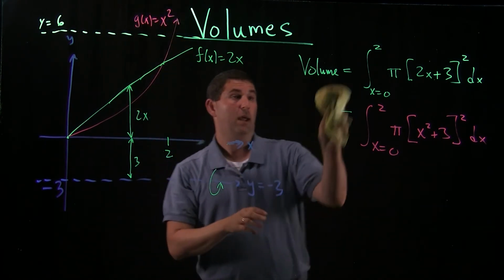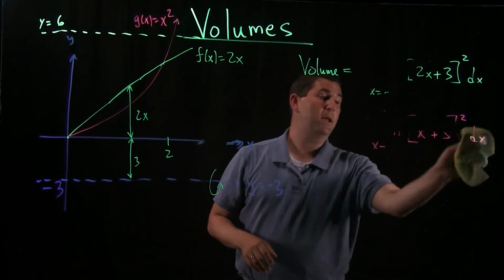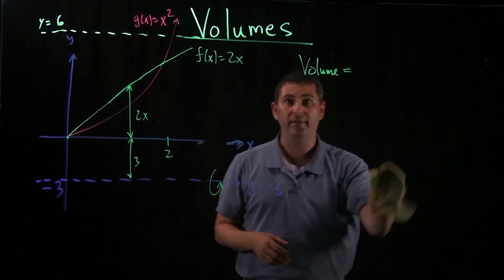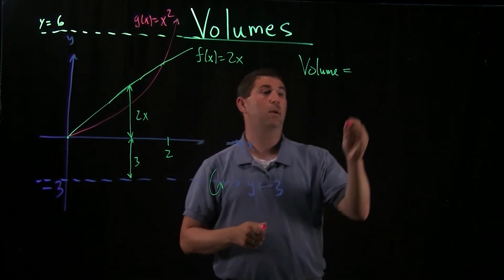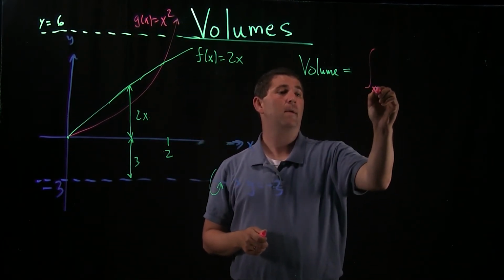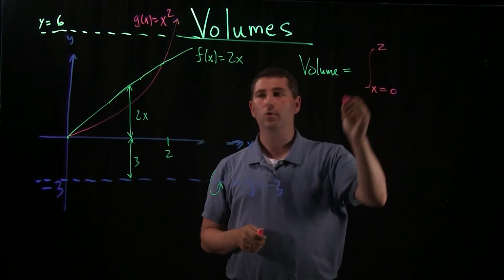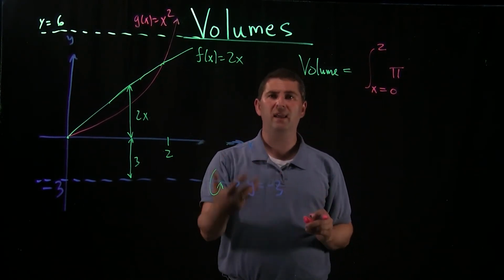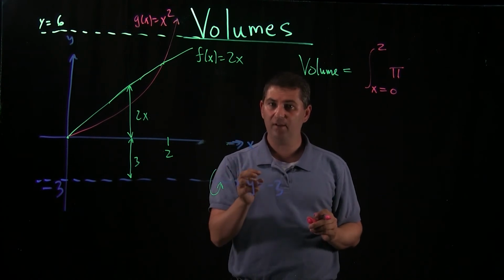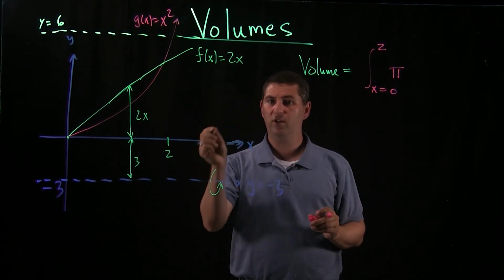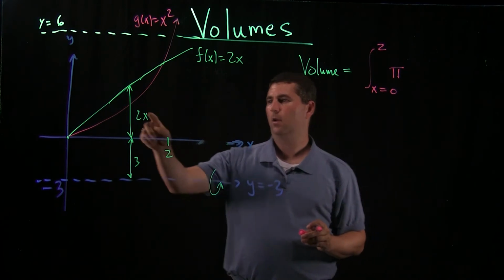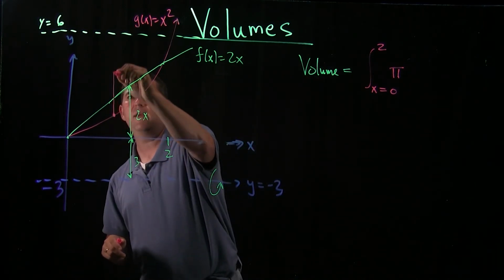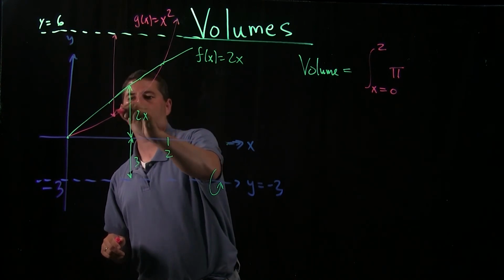It means, well, okay, we're going to have to erase these. They're going to be in reverse order. The g of x part is going to come first, then the f of x. So let's see what happens. We're going to first integrate from 0 to 2, and we know it's going to be pi times the radius. So the radius is the distance between the function and the axis of rotation. Okay, so here's my function, say at some point, and there's the axis of rotation.